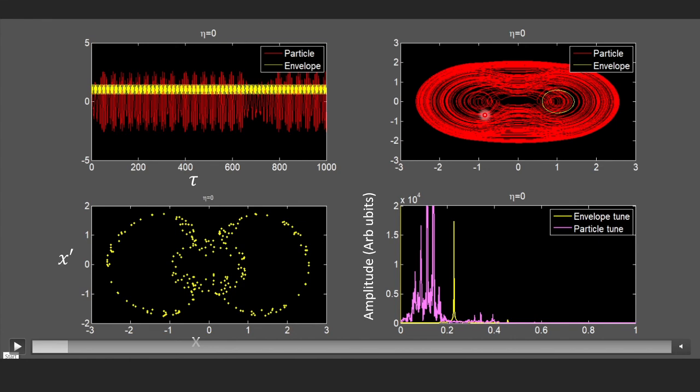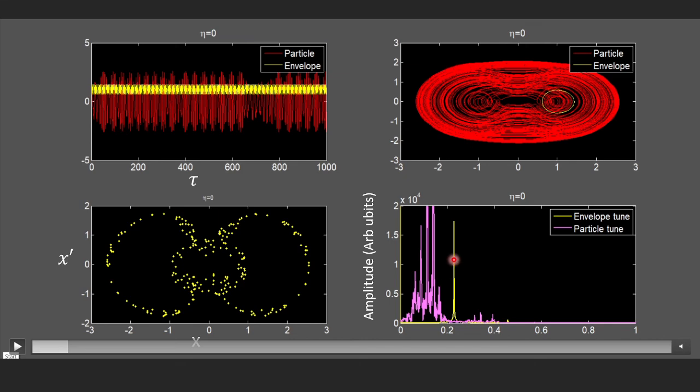Similar effects we can observe using the phase space plot, Poincare plot, or tune plot. Please note that one can have different kinds of interpretation and analyze the situation in a different way. Here I'm just showing you a solution that one can obtain using any one of the numerical techniques that I mentioned. So we won't be concluding anything here, but you can see how the particle oscillation frequency changes as you change your eta values.